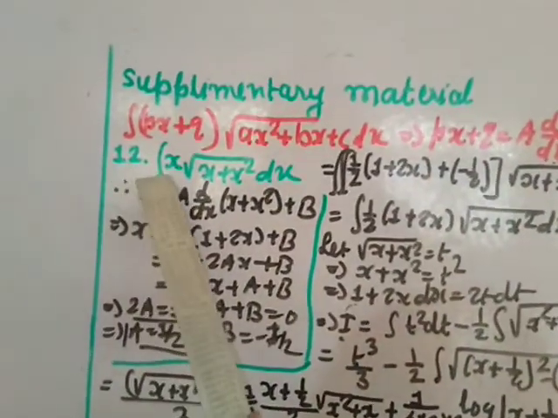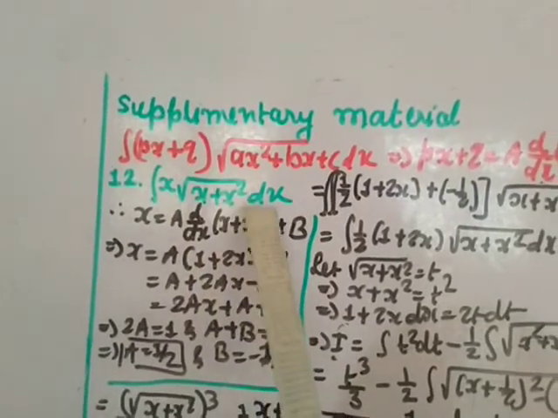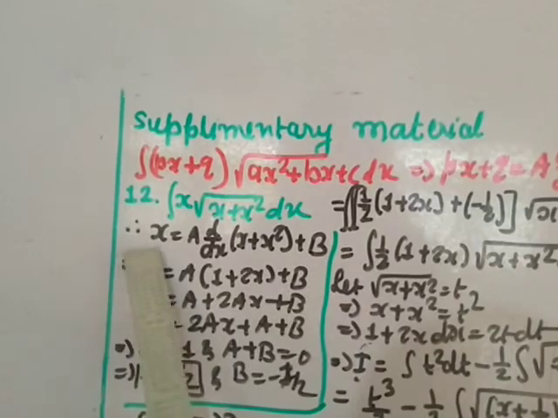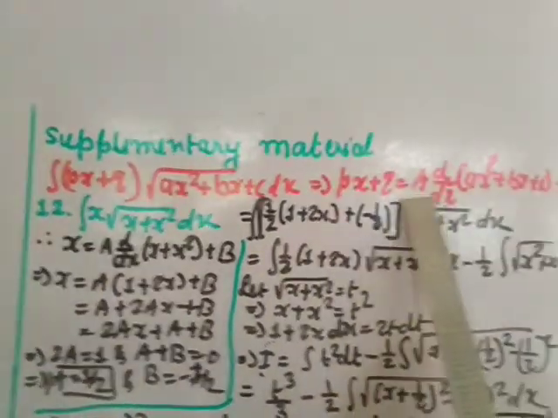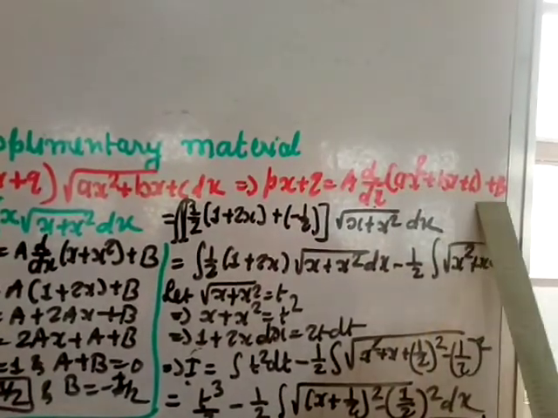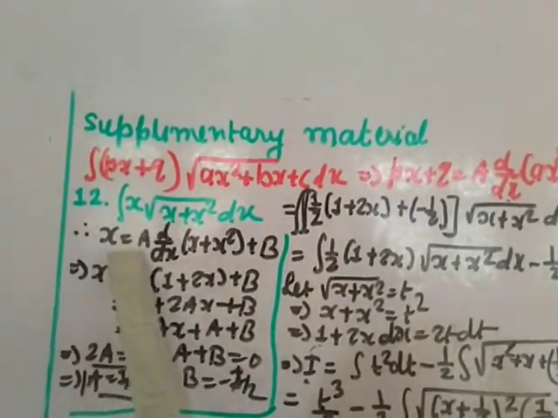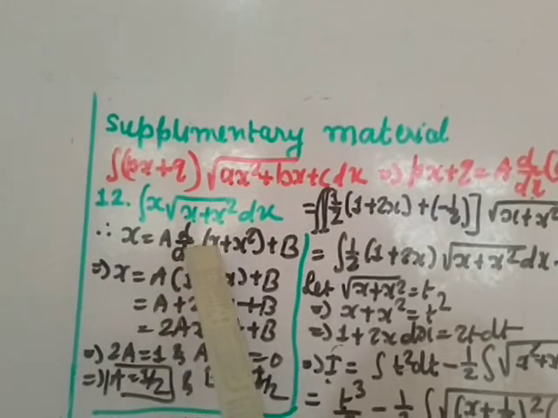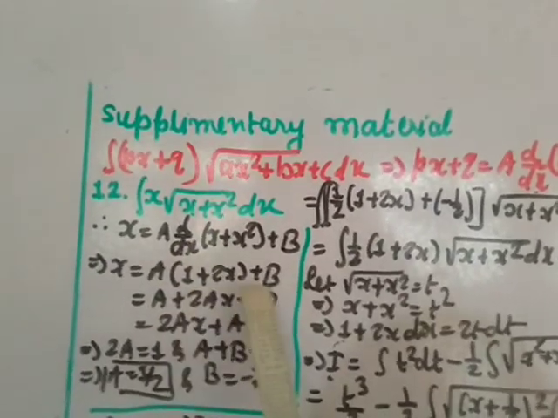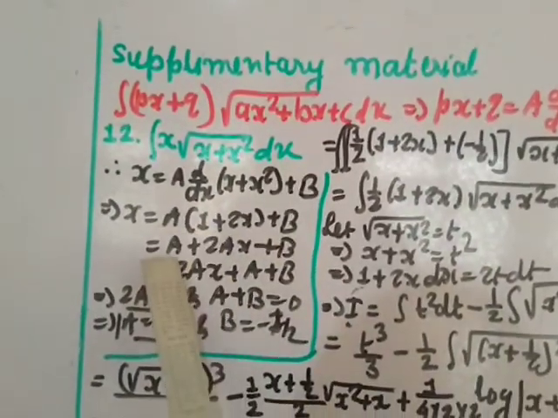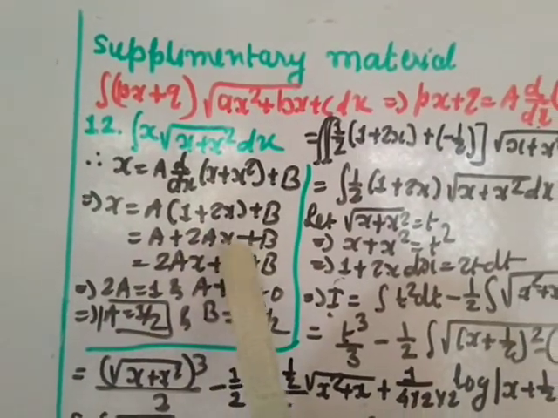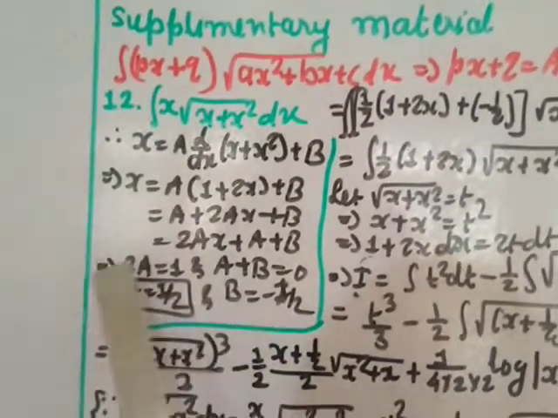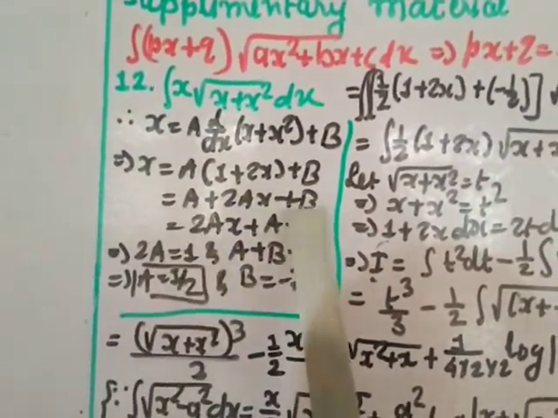Now this is 12. Integral x square root of (x plus x square) dx. So this is like this one and this is this one. So what we are going to do, x is equal to A d by dx of (x plus x square) plus B. What is in the square root you have to differentiate. The derivative of x is 1 and of x square is 2x, plus B. Multiply A inside, so A into 1 is A, plus 2Ax plus B. Now you have to compare coefficients of x and constant term from both sides.